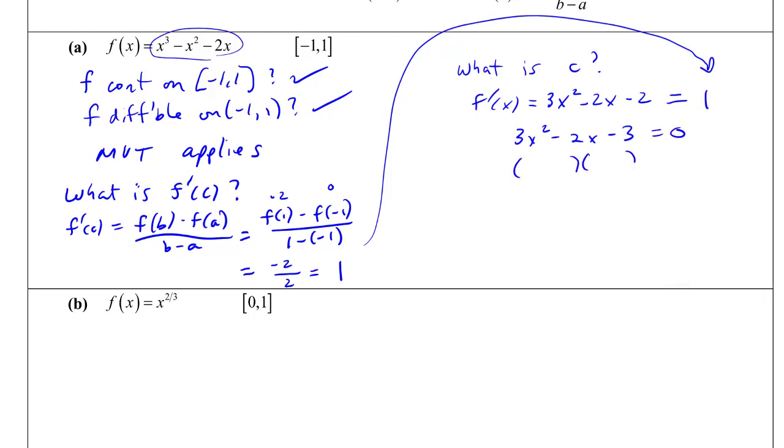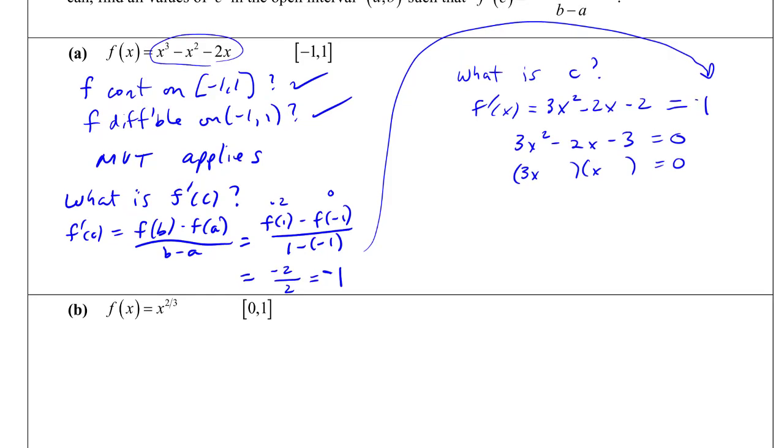You could use quadratic formula or factor this. And this is going to be, whoops, I'm sorry, back up. This should have been negative 1 over there as the derivative, and this is negative 1. And so if I take minus 2 and add 1, then I'll get minus 1 there.